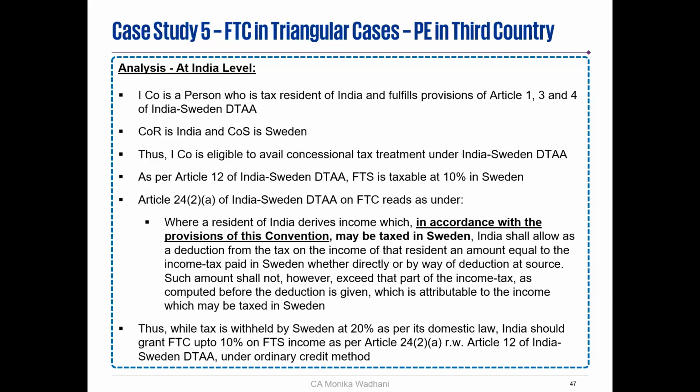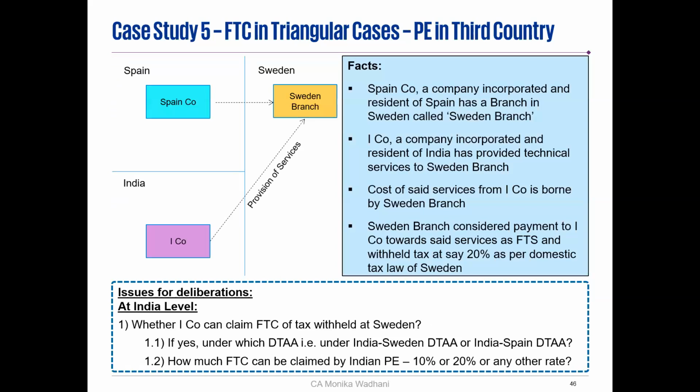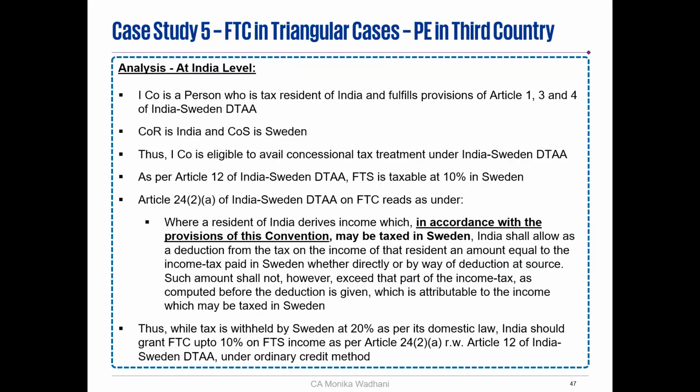Thus, suppose Sweden does withholding on this income at the domestic rate of 20%, but credit in India will be applicable only for 10%, which is in accordance with Article 24(2)(a) read with Article 12 of the India-Sweden DTAA.